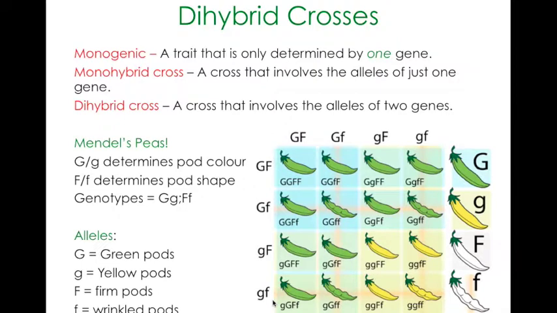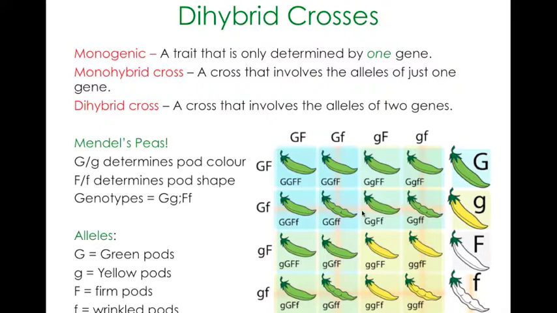You can see some of the common traits coming through. Because yellow pods are recessive, you've still got a 1/4 chance of having yellow pods, and because wrinkled pods are a recessive condition, you also have a 1/4 chance. 1 there, 1 there, 1 there, and 1 there, and the rest being most likely to be green and most likely to be firm. But once again, the numbers are slightly different.